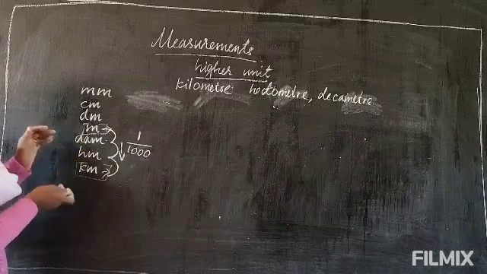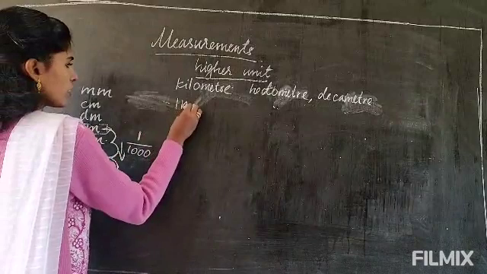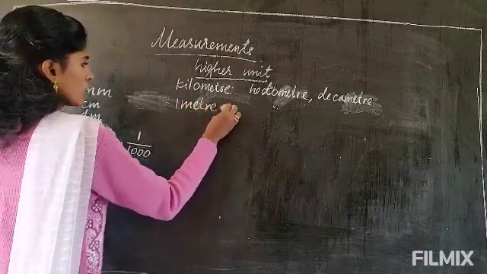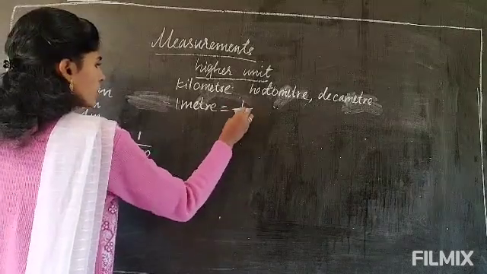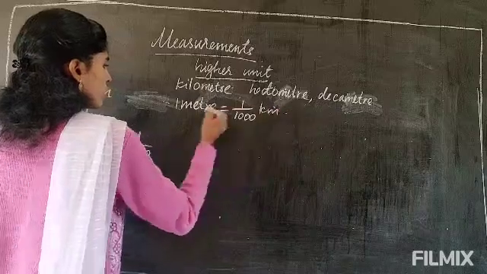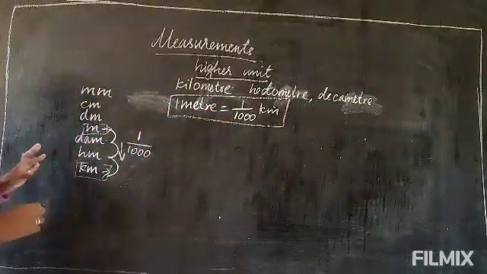That is the relationship between meter and kilometer. You can write it now: 1 meter equal to 1 by 1000 kilometer.